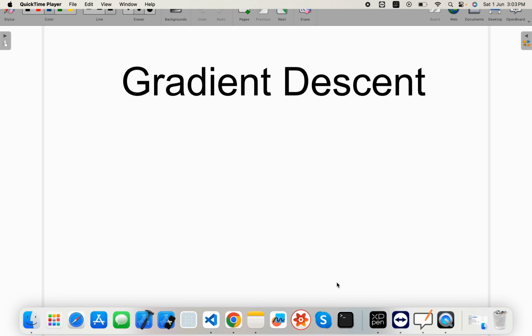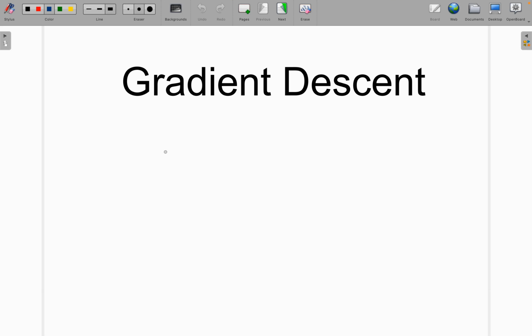So the first thing we need to understand is derivative, or differentiation. So what is differentiation? You have learned that differentiation can be written like this, dy by dx, right? But what does it mean?